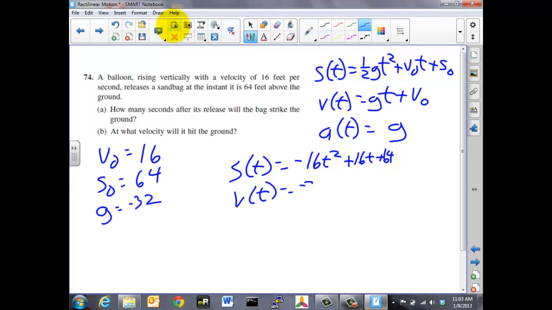V is -32t plus 16. And A is -32. It's not really worth writing that down. So, whoopee, we got our formulas. Now, which formula do we use? It's for t, so we've got two formulas that have t's in them.